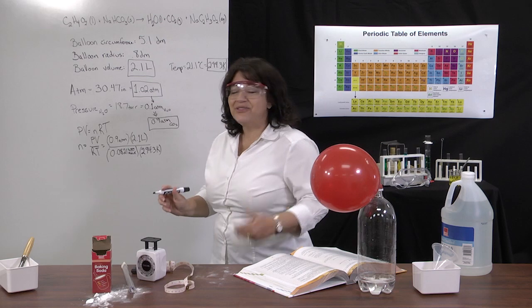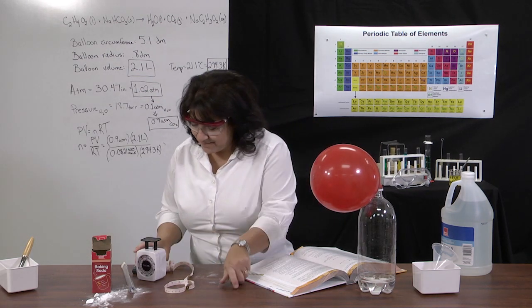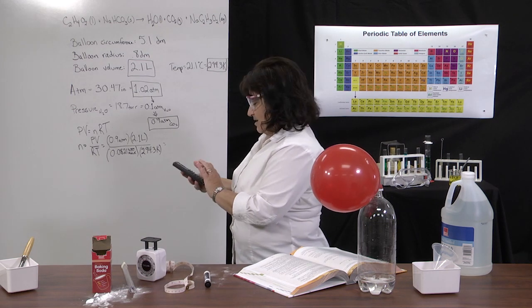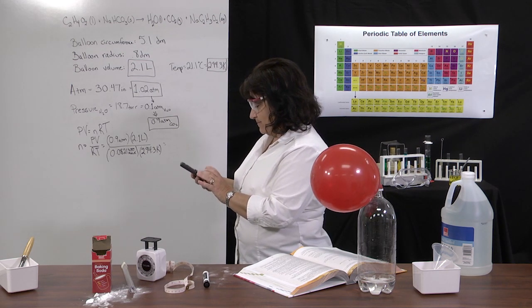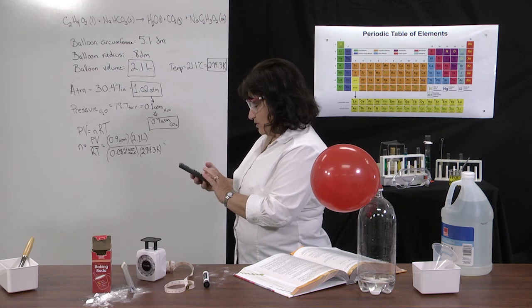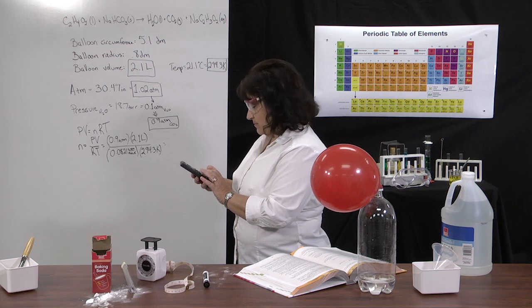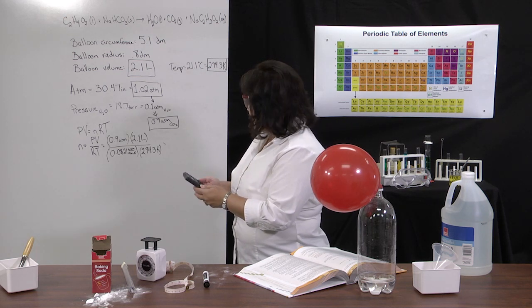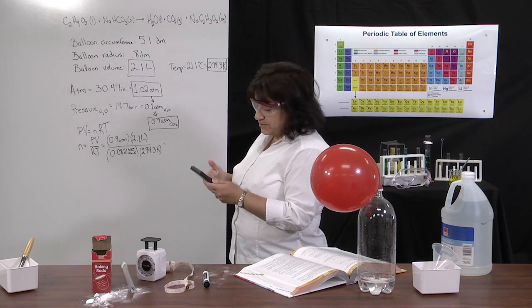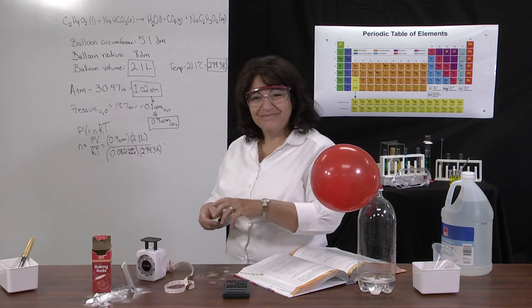All right, let's run those numbers to find the number of moles. 0.9 times 2.1, divided by 0.0821 times 294.3. Okay, we will round our number to the tenths place, and I have 0.1 moles.